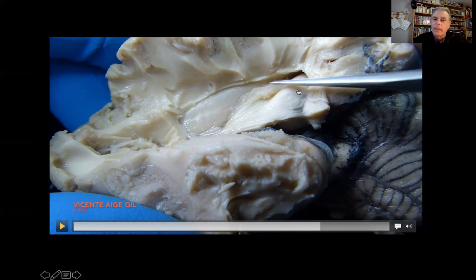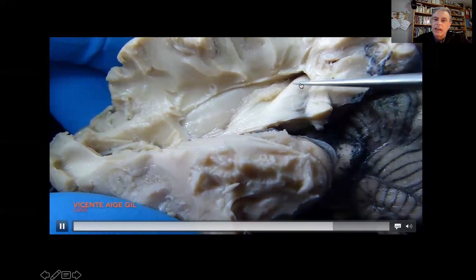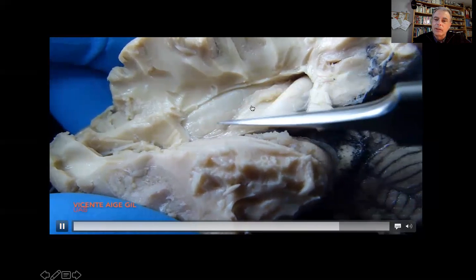This is the fornix, commissure of the fornix, caudate nucleus with its tail, lateral ventricle filled with choroid plexuses of the lateral ventricle that have received blood from the rostral choroid artery. This is the fornix and the caudate nucleus.